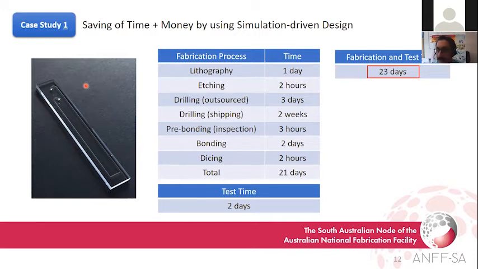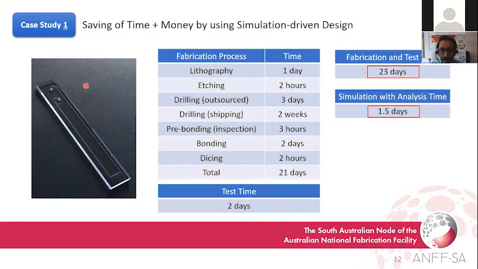This table shows the fabrication process and the time that each step could take. To build one of these microchannels, you need to spend 21 days, and another 2 days to test it in the laboratory. So fabrication plus testing time is 23 days.